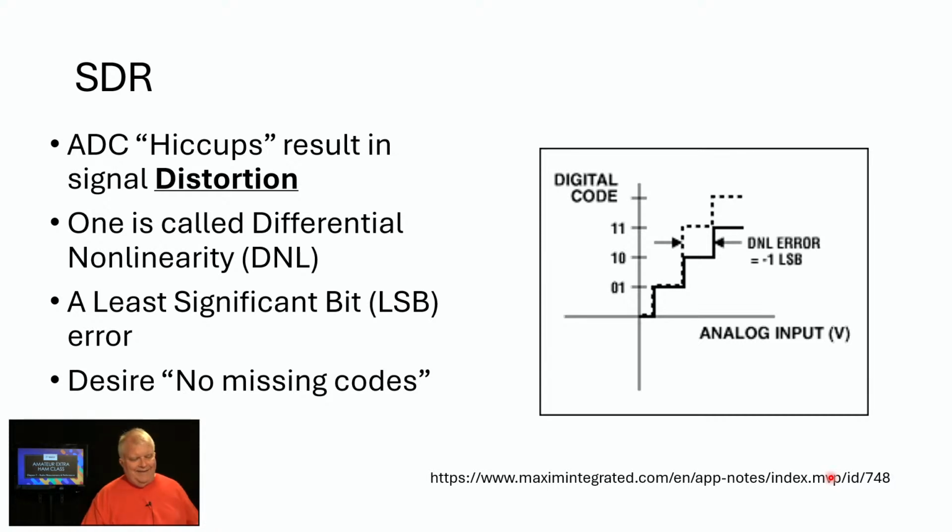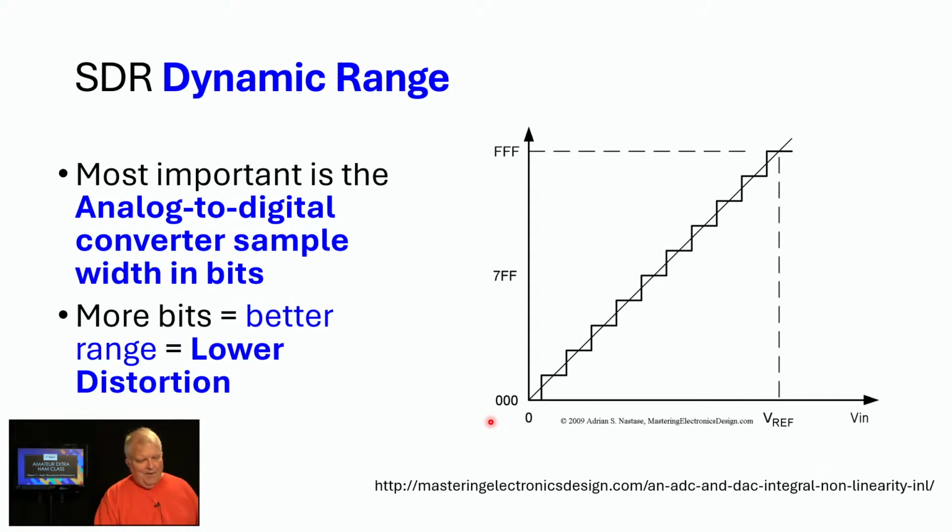It has to do with least significant bit errors. It can't resolve things properly. And the sample width in bits also sets the dynamic range of a software-defined radio. So more bits gives you better range and also lower distortion, lower differential nonlinearities.